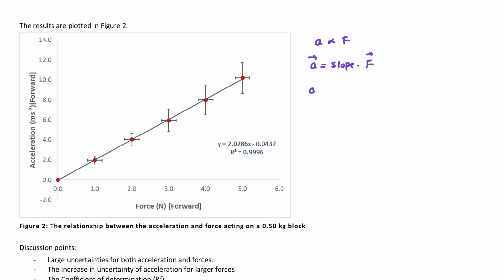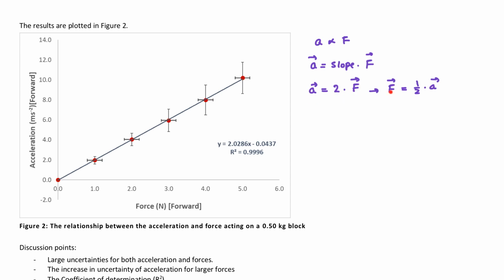And my slope value in this particular case was approximately 2 times the force. And if I were to rearrange this for force, I would get force is equal to 1/2 multiplied by acceleration. So all I'm doing here is dividing this side by 2 and this side by 2.